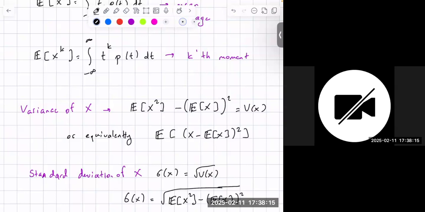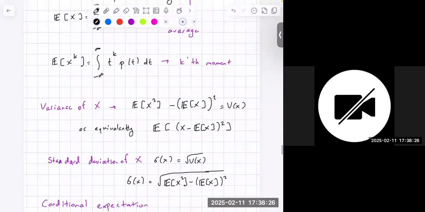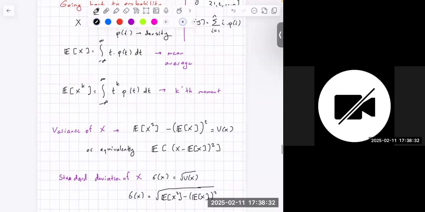Sigma squared is your variance. All right. So now let me show you a picture before I tell you more. So far, so good. Expectation, kth moment for any k. And the second moment, together with the first moment, gives you the variance and standard deviation.